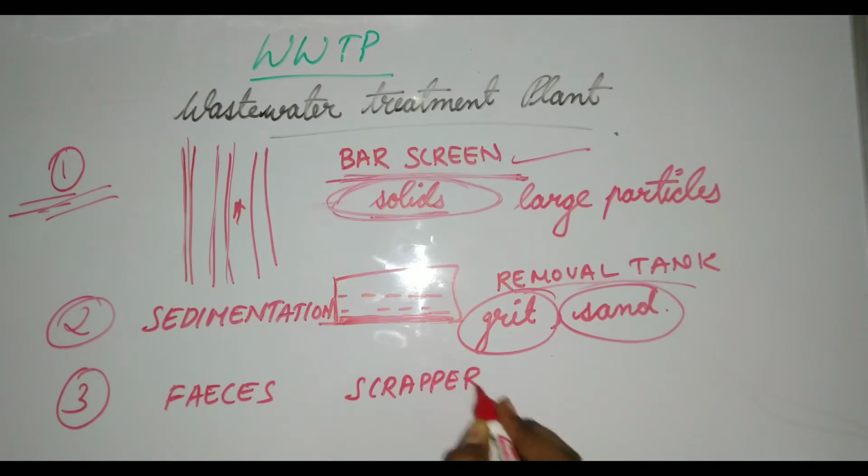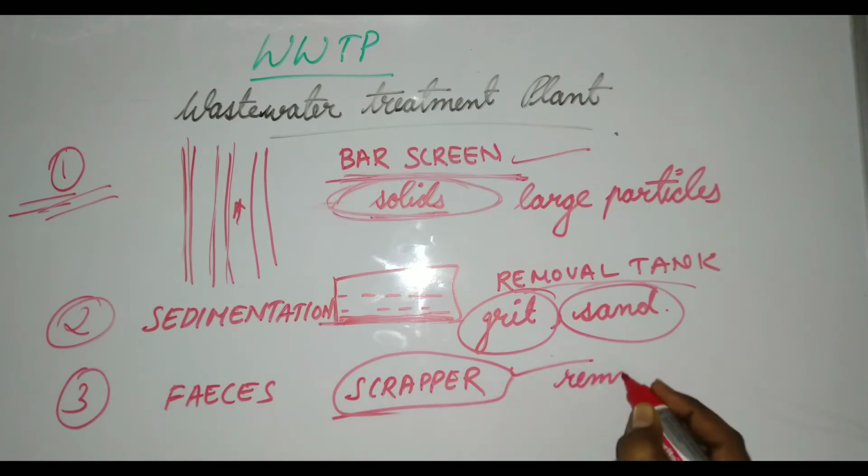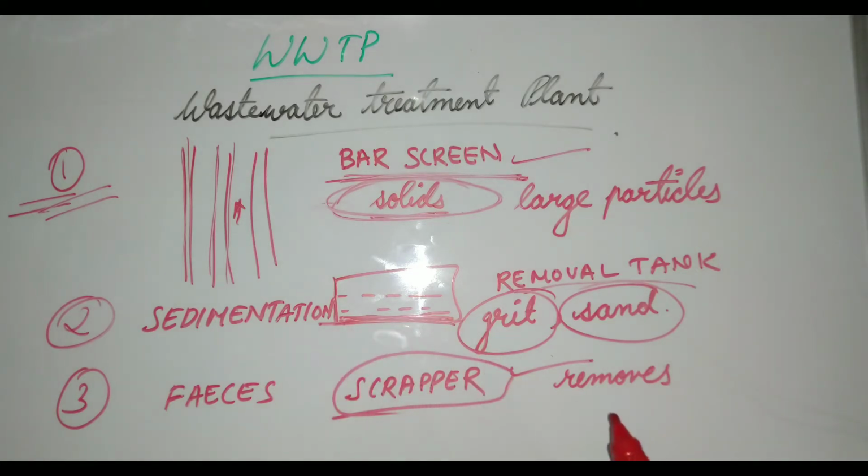Remember these functions; they will ask you the function of the scraper. The scraper removes the solid feces or solid particles which have settled at the bottom of the tank.